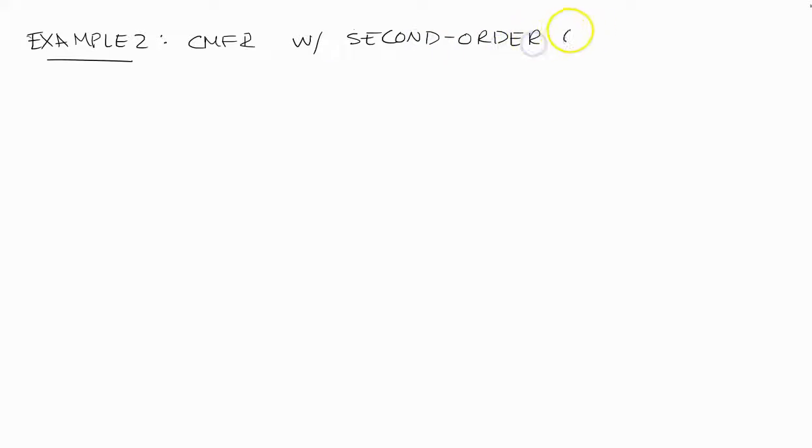In my second example, I want to show you a completely mixed flow reactor with second order growth. If I were to draw some sort of tank, I have flow rate V dot coming in and out.